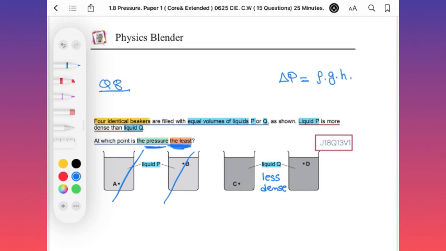What about which point? Which point here the pressure will be least?